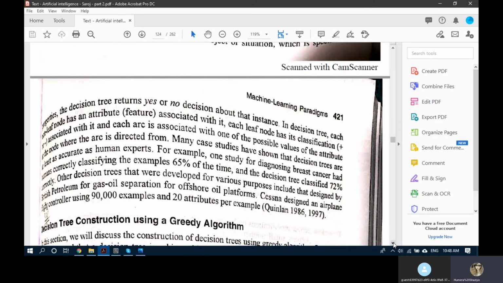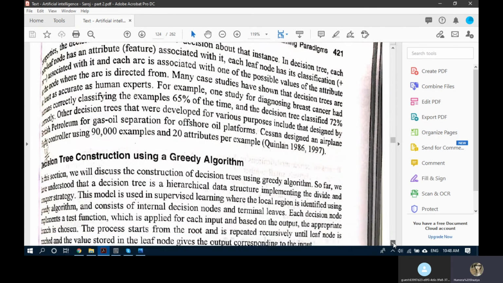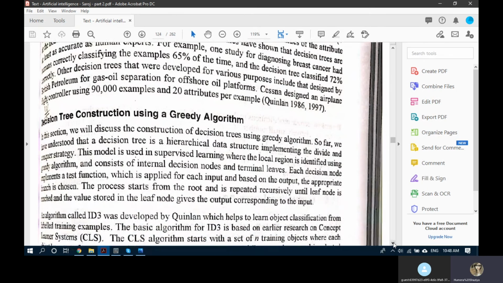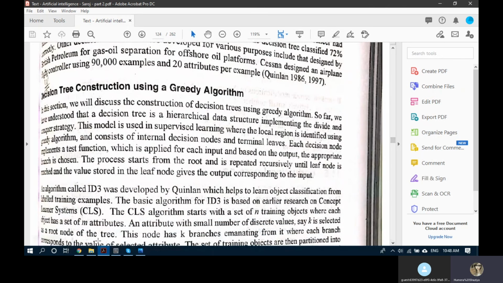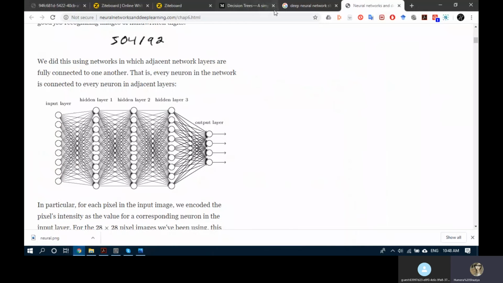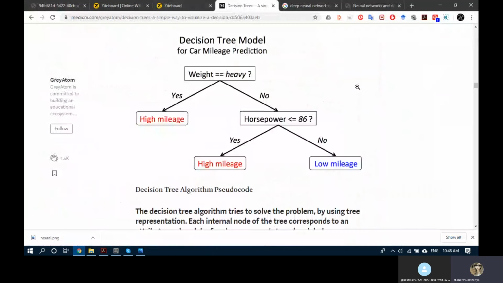One mechanism to do that is the decision tree. A decision tree can be constructed from the data. This decision tree looks like this.